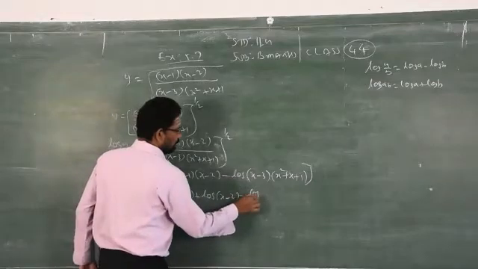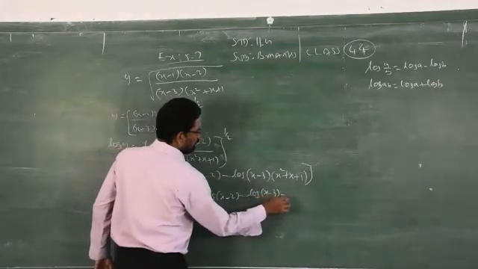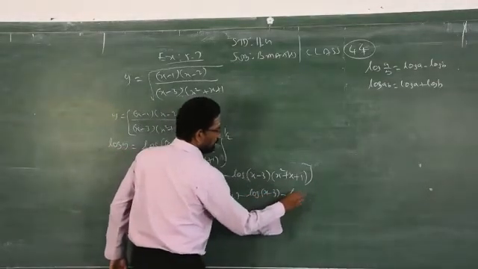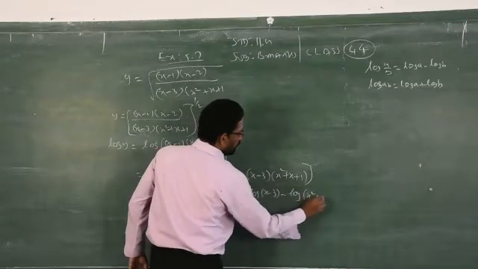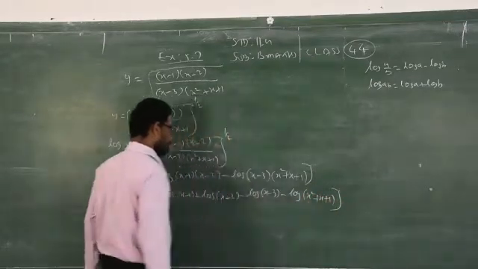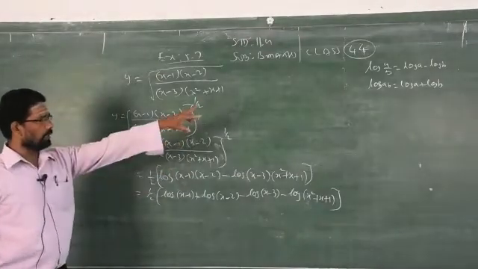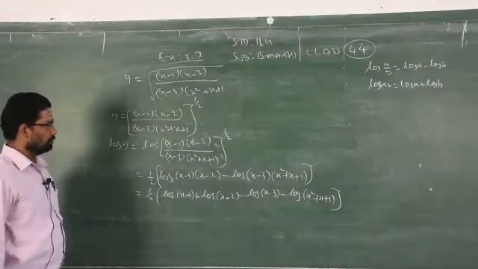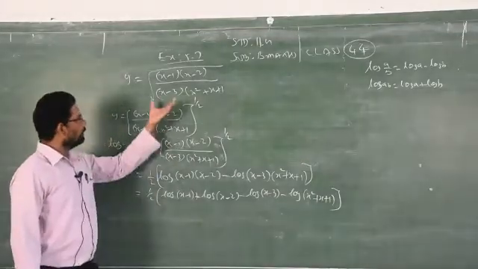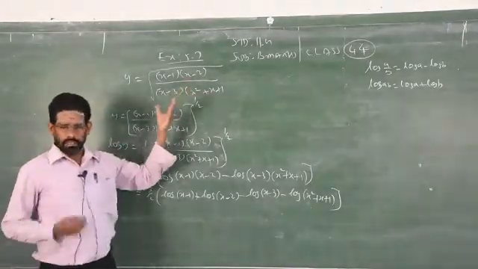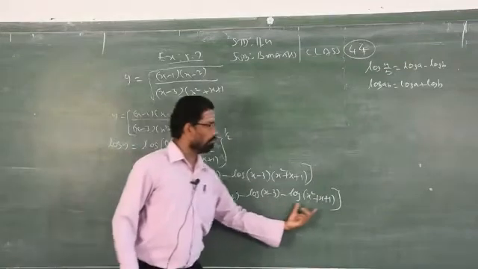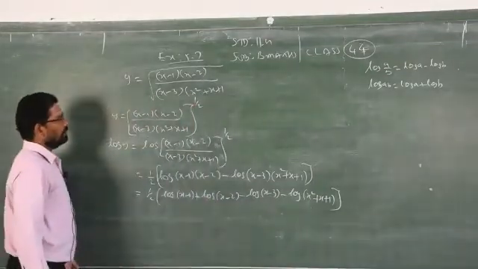So minus log (x minus 3) minus log (x square plus x plus 1). So I am applying the power rule first, then the division of logarithm rule, then the product rule. I got the answer. See, now I bring this complicated one into the simple form by using the logarithmic concept.